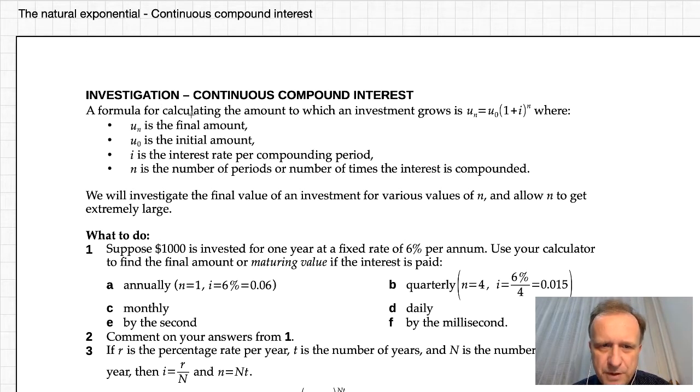A formula for calculating the amount to which an investment grows is U sub n equals U sub 0 times (1 plus I) all to the power of n, where U sub n is the final amount, so the amount that you get when your investment is mature. U sub 0 is the initial amount of the investment, the money you put into your account or into the bank.